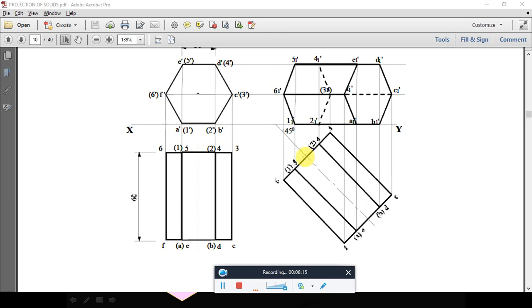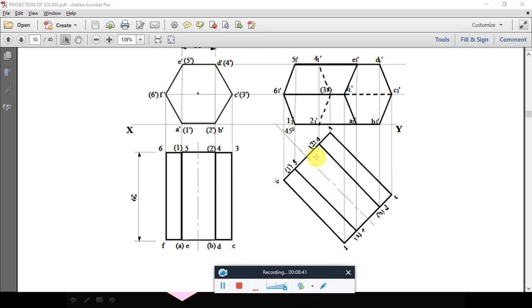Once you get this line that is exactly perpendicular to the 45 degree line, and you know that the axis length is 60 mm, draw the 60 mm line. This line should be perpendicular to this baseline.